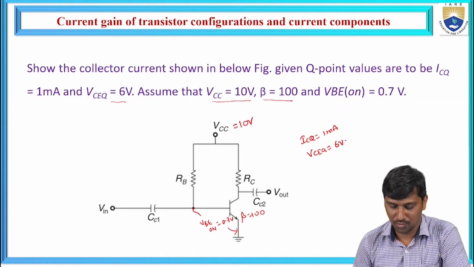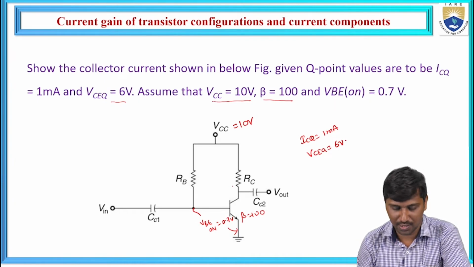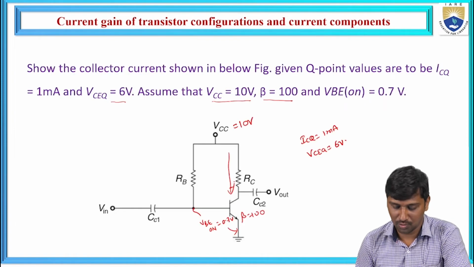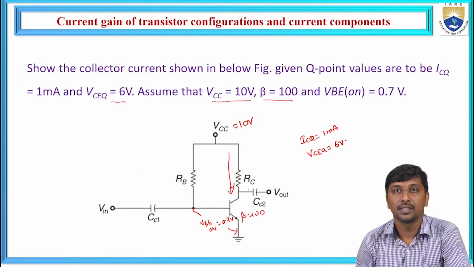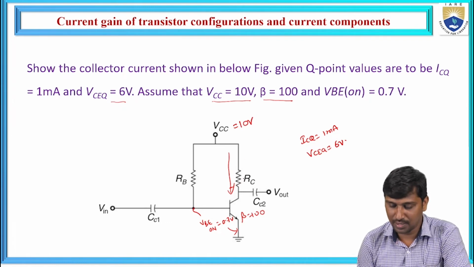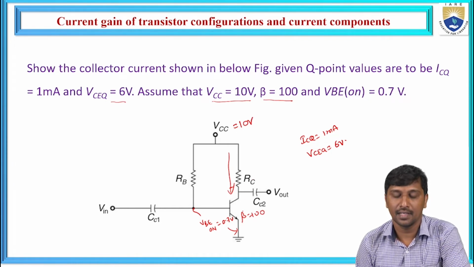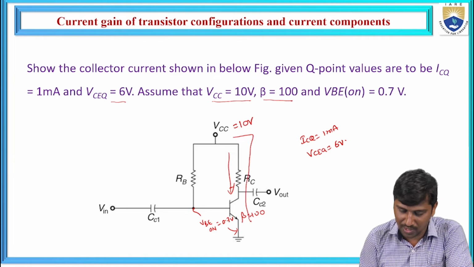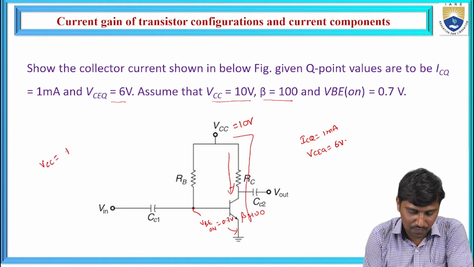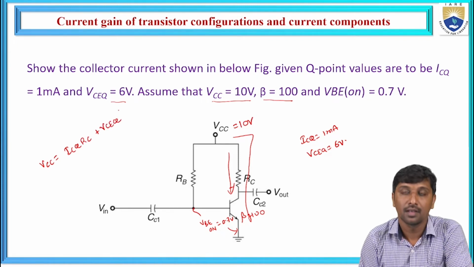To observe this, first we need to identify the collector resistance and base resistance values. Then you can apply KVL at the output side. So it is represented as VCC is equal to the Q point current ICQ times RC plus VCEQ.